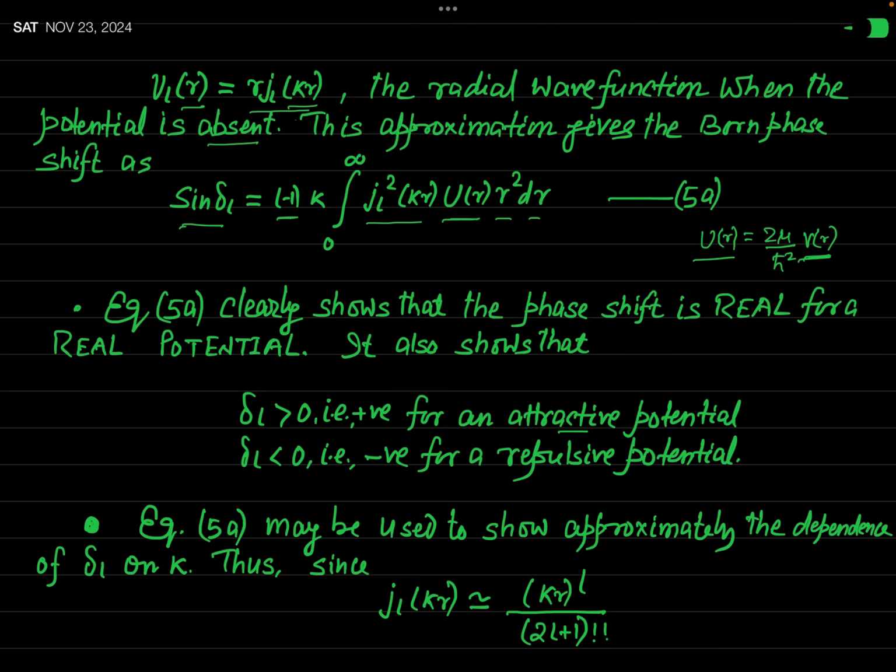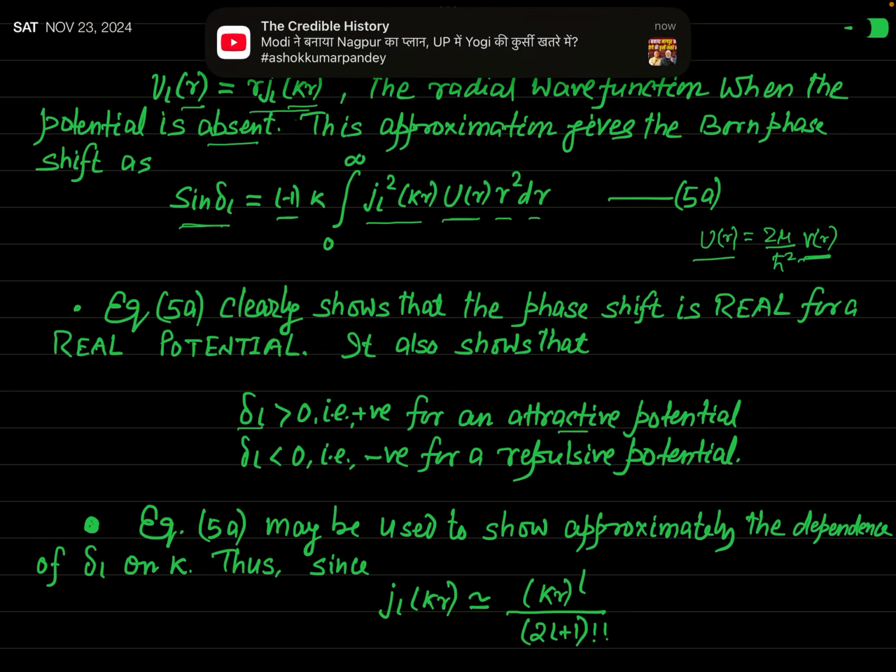So in that condition, delta L will be positive. It means it is a very remarkable fact that in the case of an attractive potential, the phase shift is positive. Phase shift is positive, or greater than 0, for an attractive potential. But what will happen when the potential is repulsive?